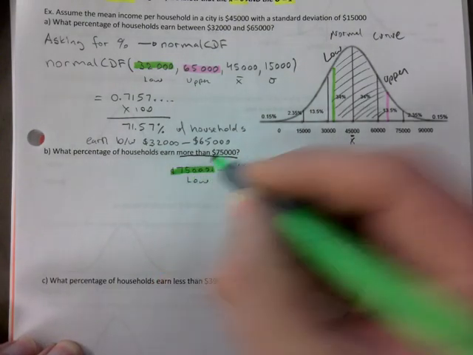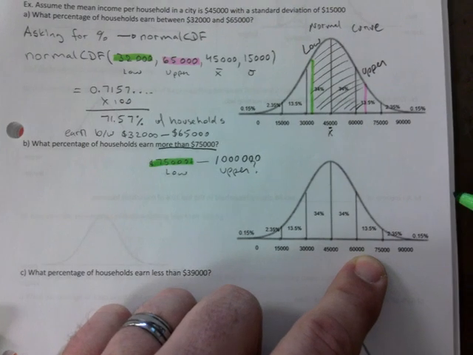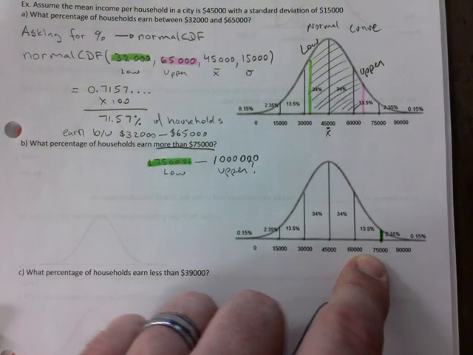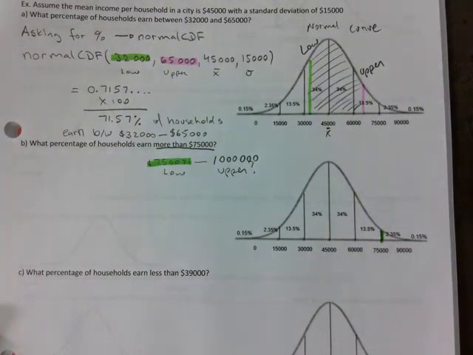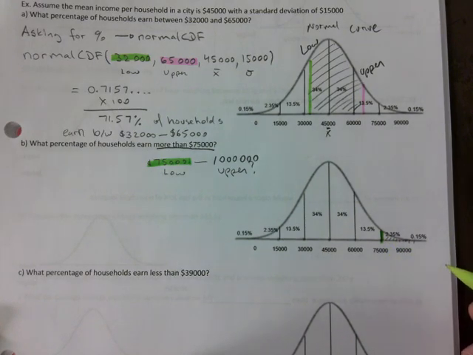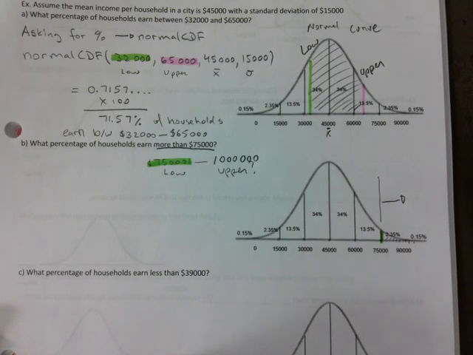If this is our low here, let's come over to our right here. 75 is right there. So we want everything over here. So from here on, everything that way, we want to know what this is.